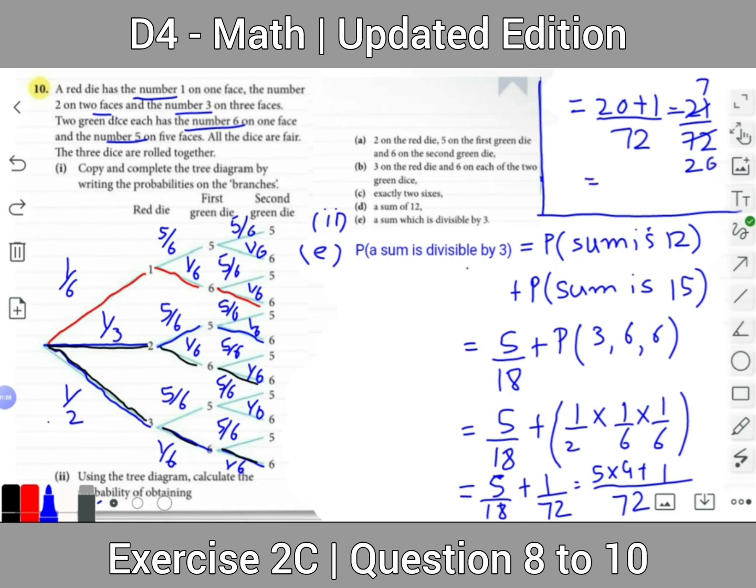After simplification, we will get 7 over 24. So the probability that the sum is divisible by 3 is equal to 7 over 24.